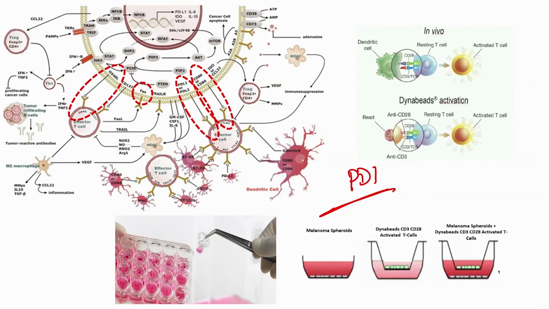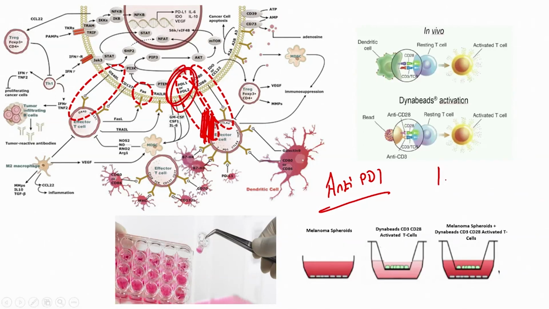So, we will be learning an immunotherapy drug called anti-PD1. Anti-PD1 means it will block PD1 on the T cell. So, if it blocks PD1, the T cell cannot interact with PDL1, right.